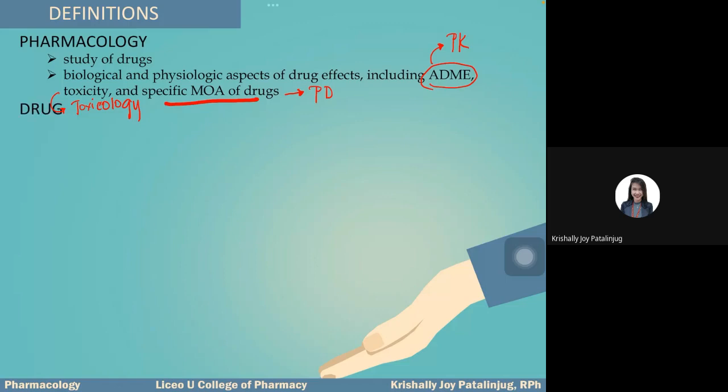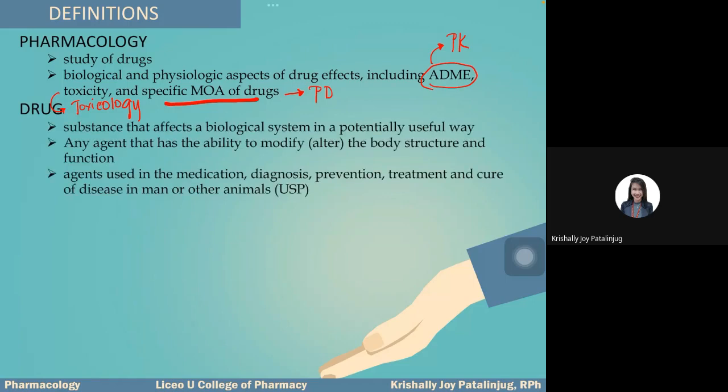Now, since the focus of pharmacology is all about drugs, let us also recall how do we define drugs. So there are many definitions about drugs. This could be any agent that has ability to modify or alter the body's structure and function.